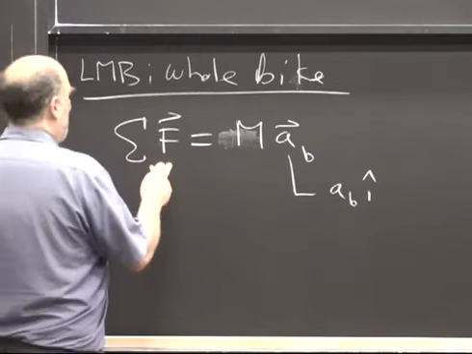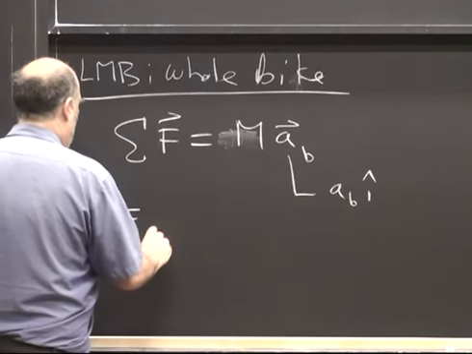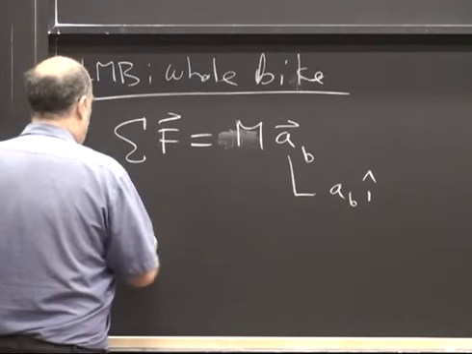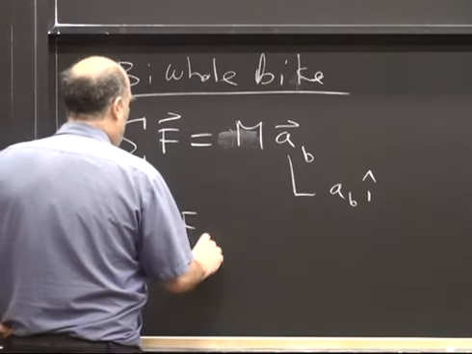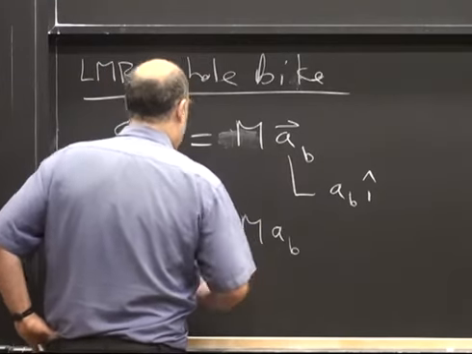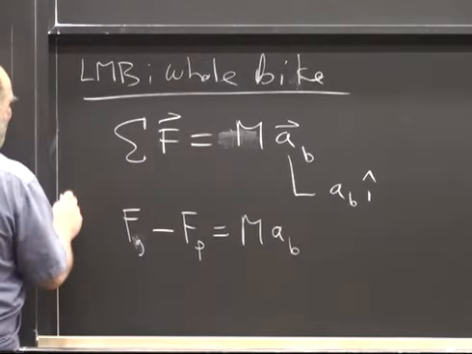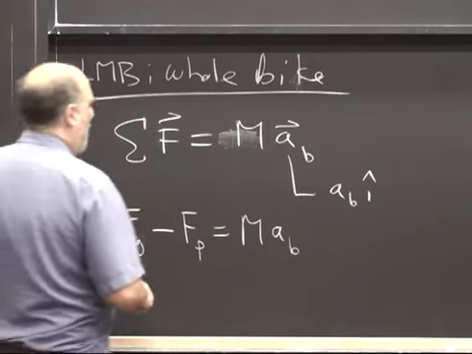What do we get from this is that there's a force of the wheel on the ground, I call that force of the ground, pushing forwards, and we have minus the force in the pedal, pushing backwards, equals the mass times the acceleration of the bike in the I direction. Okay, so if we take this equation, the other one, and dot it with I, this is what we get.